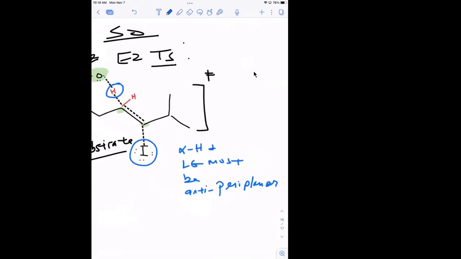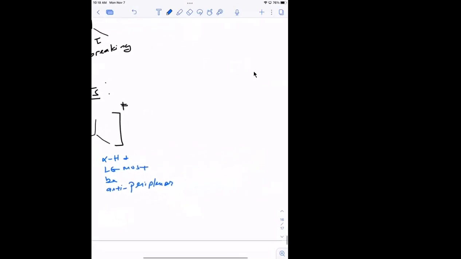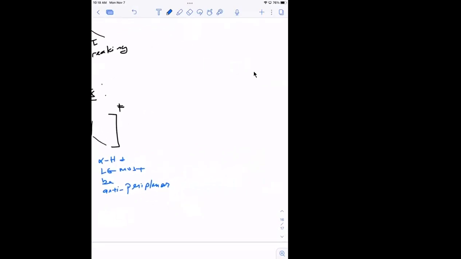All right, any questions about that part? Let me show you something real quick. We're going to study Newman projections later, but I'm going to introduce you to it now, just so you can see what I mean. So we're going to look at what's called a Newman projection.